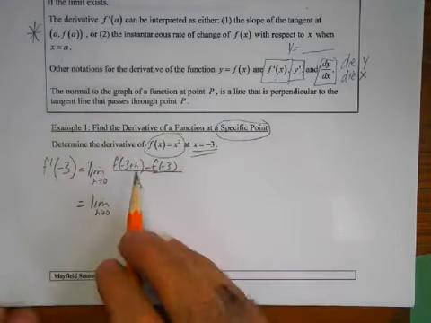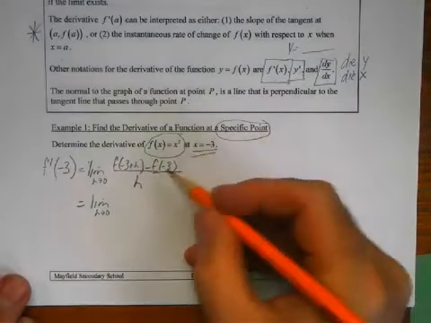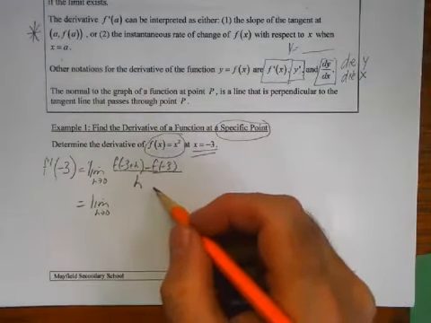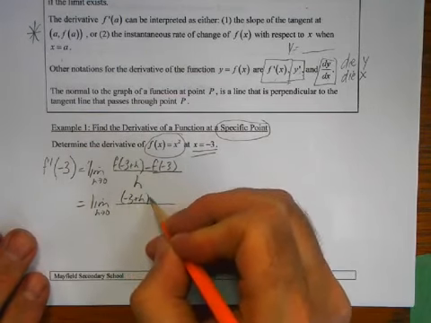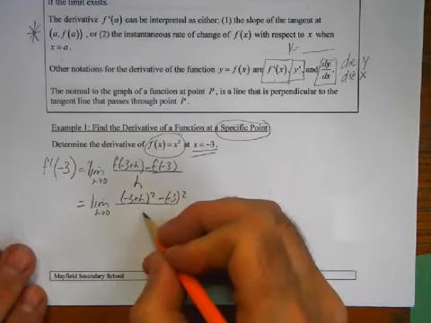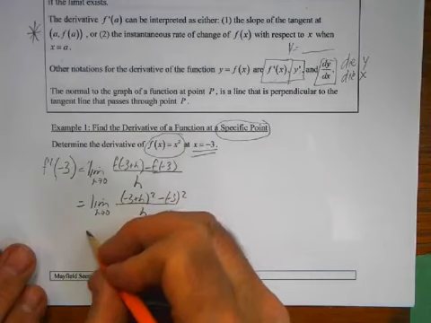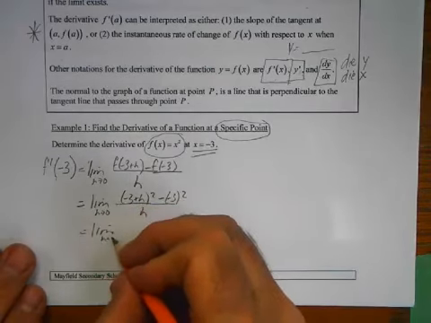Here's where we actually use the x squared part. So each of these goes into, gets squared. So on the top it's (-3 plus h) squared minus (-3) squared, over h, limit as h approaches 0.